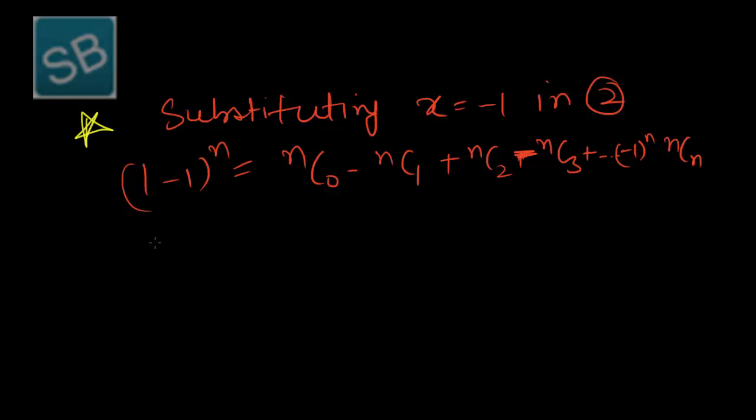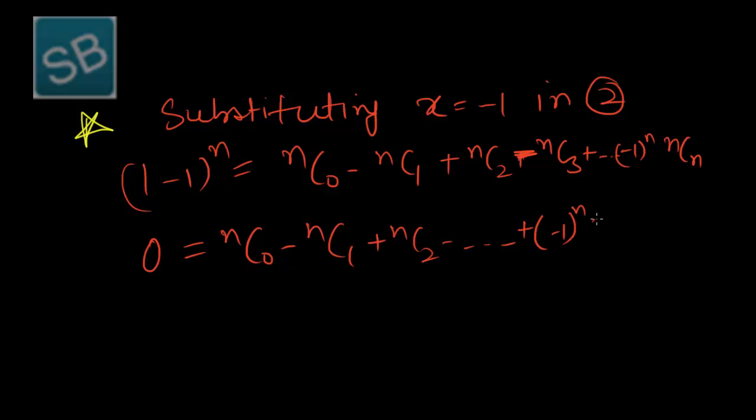So we have 0 = nC0 - nC1 + nC2 - and so on, + (-1)^n nCn. This is expression number 5.